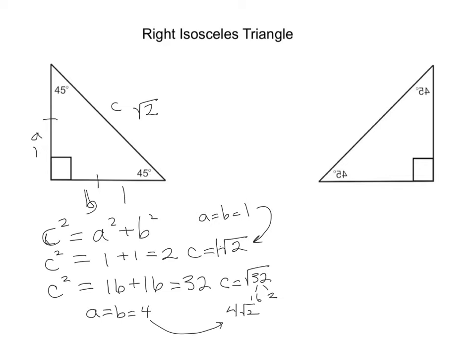Okay? So, all right, that's the ratio. So if I told you a was 3, then you know b would have to also be 3, and c would be 3 square root of 2. You see the pattern. It's all about patterns. And that's awesome. But what if I tell you that the hypotenuse is 1?